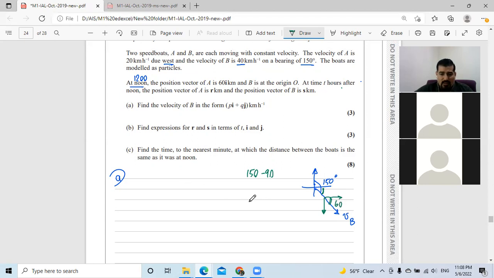So the velocity of B has two components: one is cosine 60 degrees, and one is sine 60 degrees.